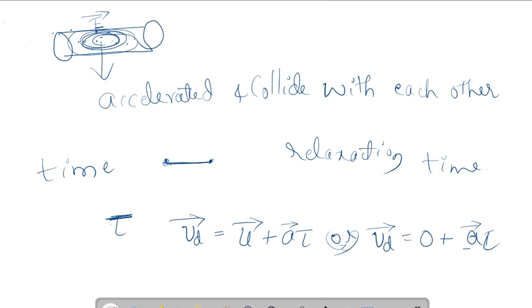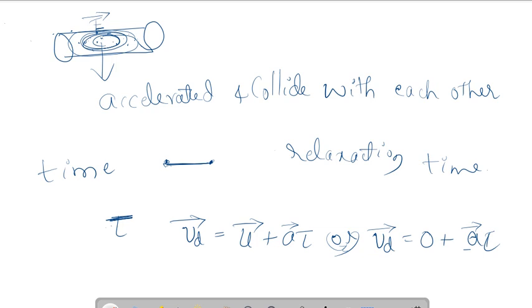If you substitute a in equation number 3, we get Vd bar equal to minus e E bar divided by m into tau.